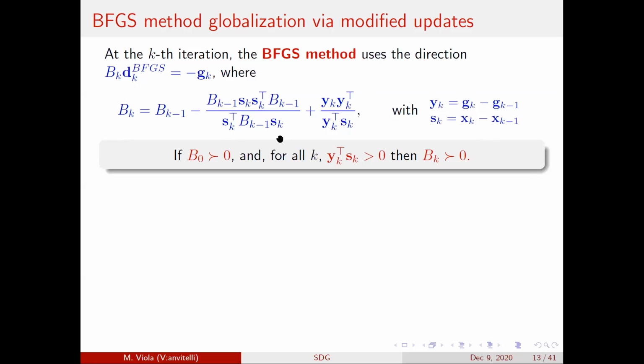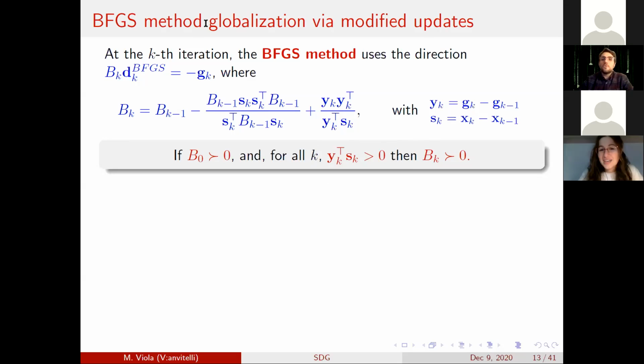If you start from a nice symmetric positive definite matrix B0, you know that at each step k, your matrix will remain strictly positive definite, given that the scalar product between y and s is greater than 0. As you can imagine, when the function is non-convex, this can be negative. And if you update the matrix, you end up losing the symmetric positive definiteness, and you can never recover it.